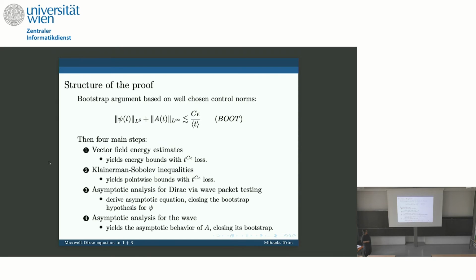And so we do the wave equation, and this is going to be something that you're going to see hopefully by the end. It's just looking at the wave equation as being a wave equation with a source term, but this is done after you have understood how you got the asymptotic for the spinor, for the Dirac equation.